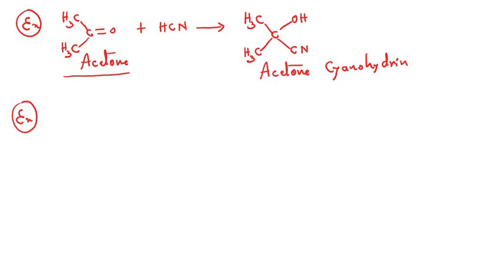If it is an aromatic ketone, I can write C6H5, followed by C=O, then CH3. Now this compound is commonly called acetophenone.